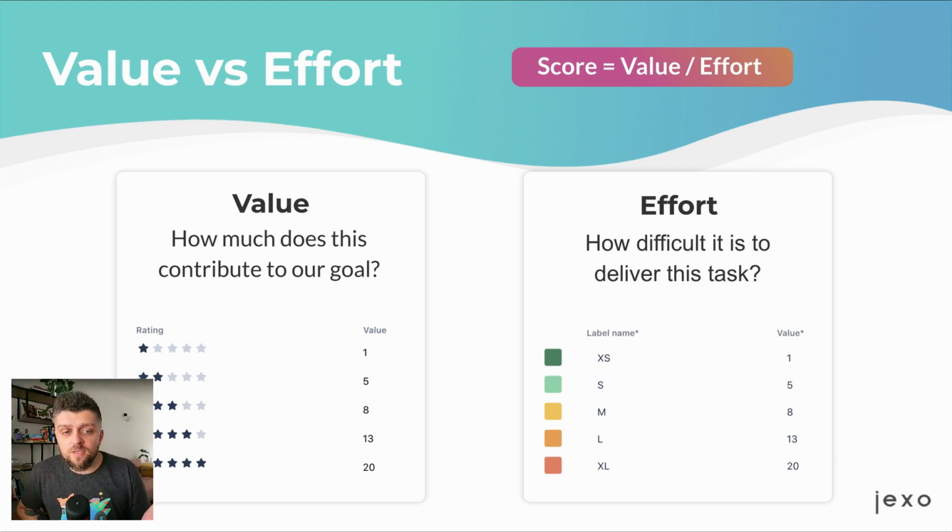So we have effort, which represents how difficult it is to deliver this task, which is, I think, pretty clear. But we also introduce the value, and you'll see this quite a lot. This is one of the most popular methods, because it's not enough just to think about how big this issue is, but also, is it valuable to us?